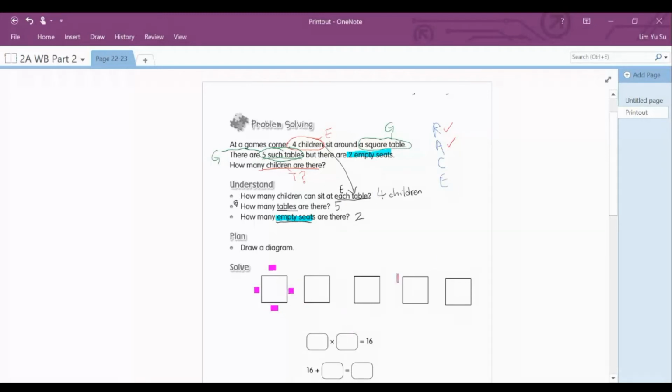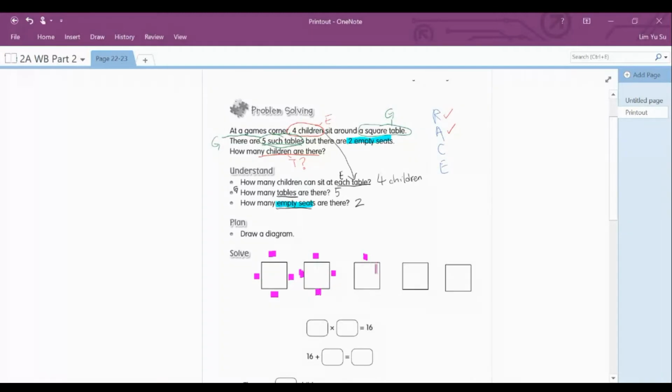So how many tables are full? Let's see. 1, 2, 3, 4. So there are 4 full tables, and then on this last table there are 2 empty seats.